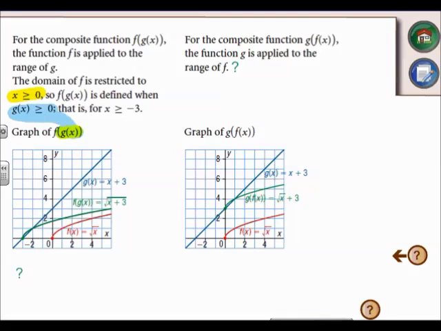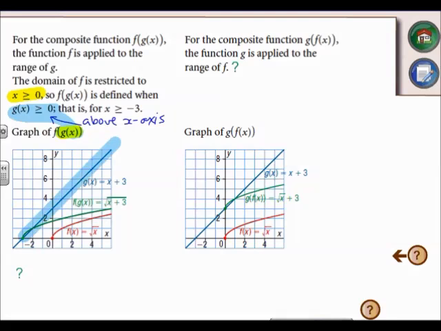That g is the input value into f. It has to be larger than 0, above the x-axis. That's what this is meaning. So in order to be inputted into f, it's got to be positive. Where on the graph of g is it above the x-axis?